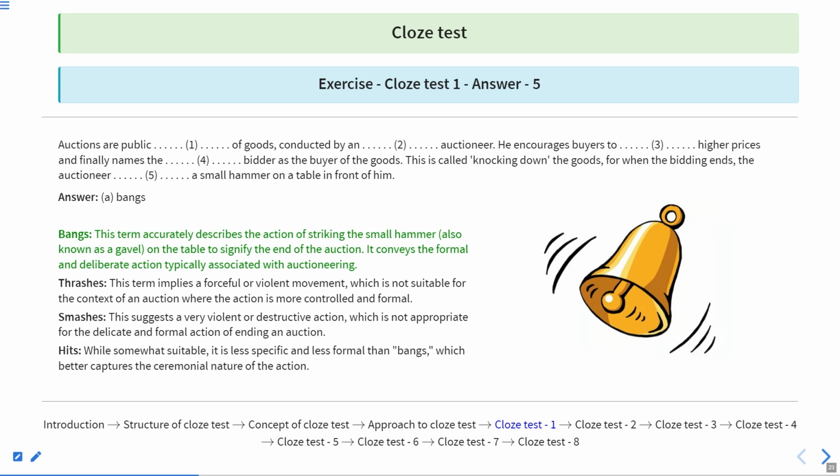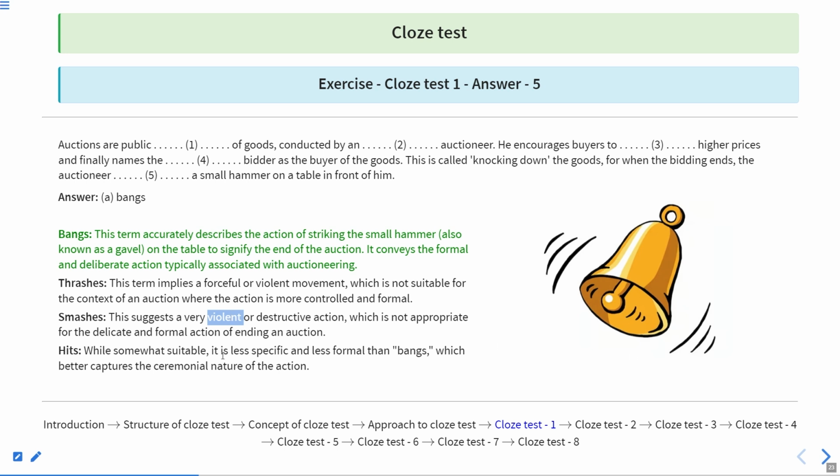Thrashes will not be, because thrashes implies a forceful movement, a violent movement. It is not suitable in context of auction, where the auction is more controlled and formal. It cannot be smashes, because smashes again suggest a very violent or destructive action. It is not appropriate for delicate and formal action of ending an auction.